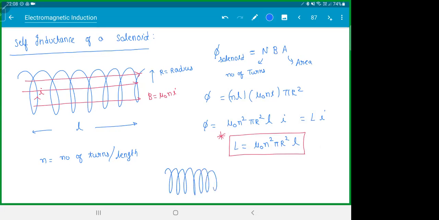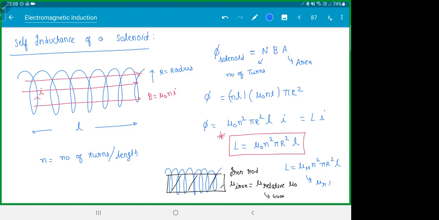So inside the solenoid, let's say if someone introduces a metallic rod or something, let's say we keep an iron rod. Mu of iron is 4,000 times mu naught. So this is called mu relative. This value is 4,000. So if you keep a rod here, self-inductance formula becomes L is equal to mu medium n square pi r square l, where mu medium is mu relative into mu naught.